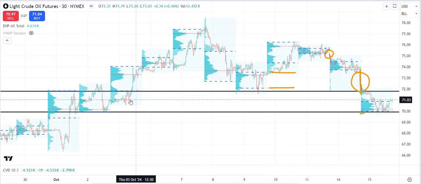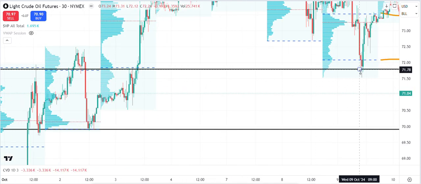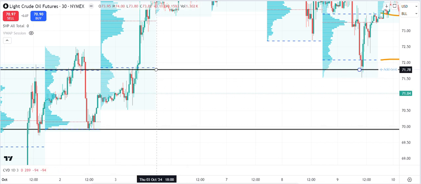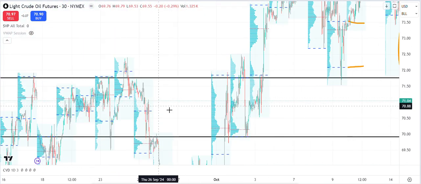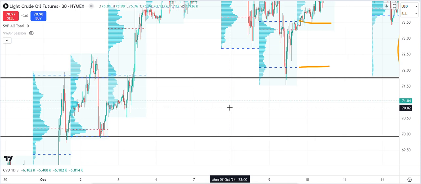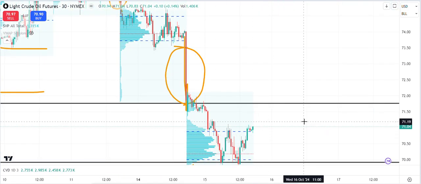Let's reset right there. So this value area low was hit. Sorry, this one was hit. This is the only one that has a value area low that wasn't hit yet. So that value area high now becomes important, just like the virgin value area low is, but that value area high becomes important.